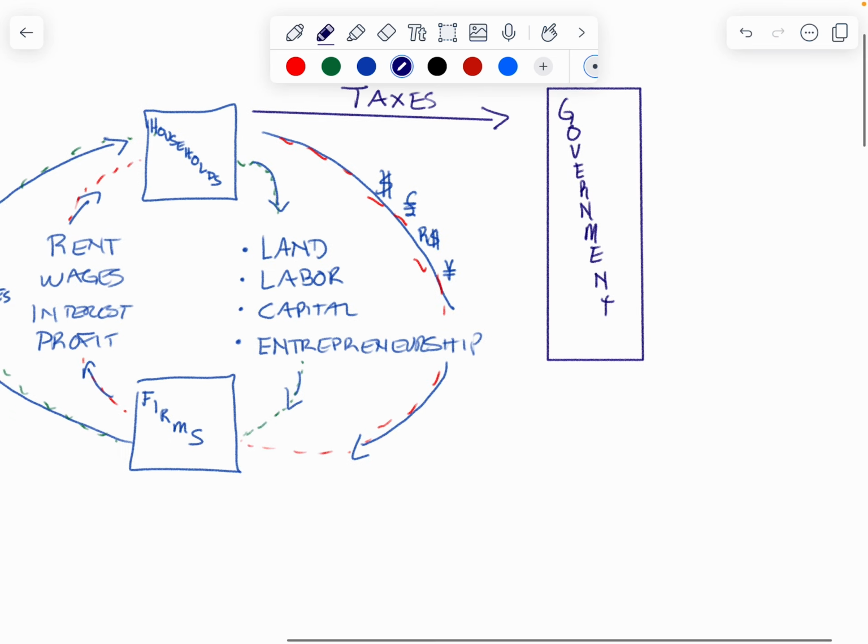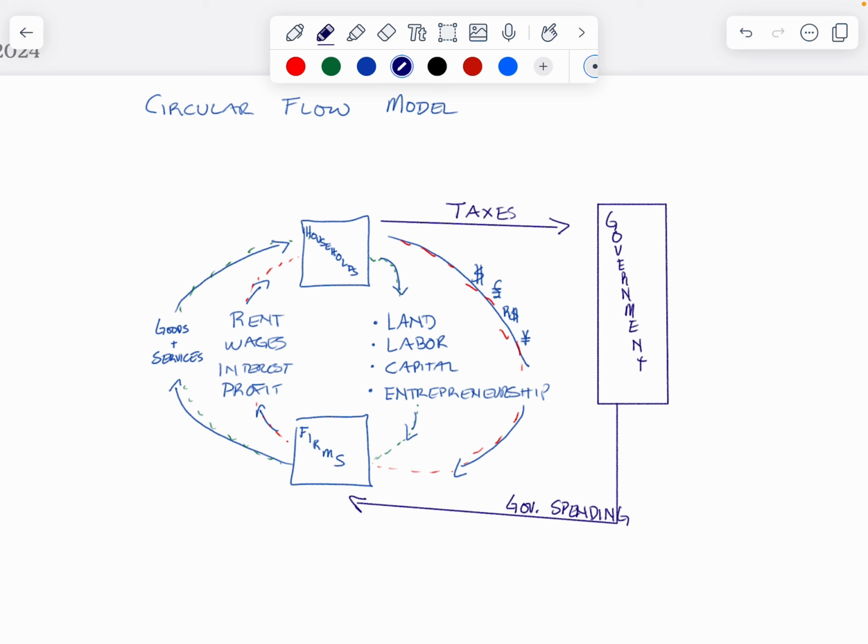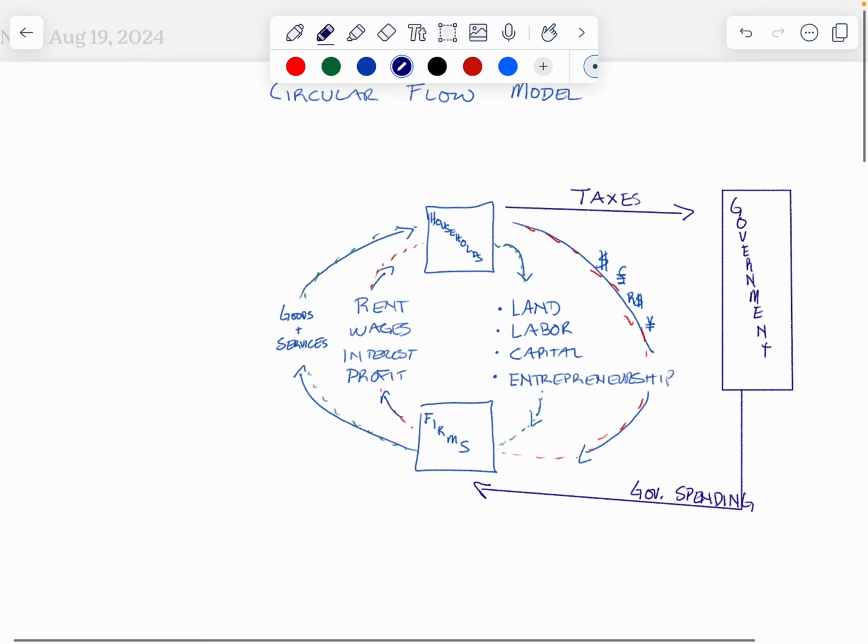The government, in turn, may buy some of its goods or services from firms. The government may pay for the construction of bridges. It may pay teachers. And so we can say here that any government spending can be returned to firms. Taxes come in and government spending goes out. The government has no need for money in its own right, and so governments generally spend all of the money they take in taxes, sometimes even more.